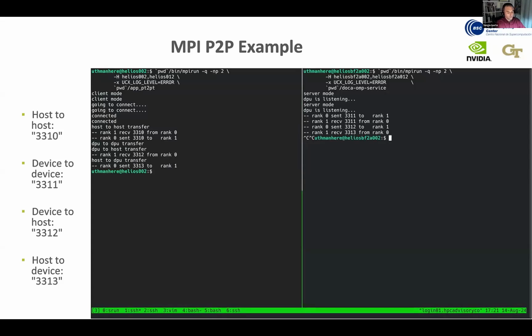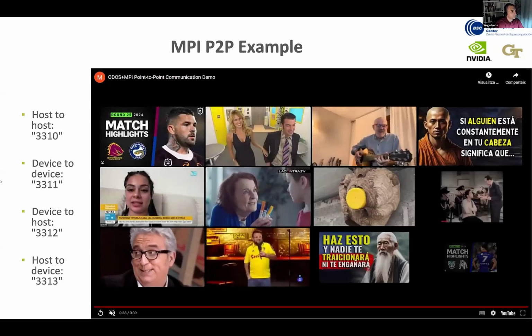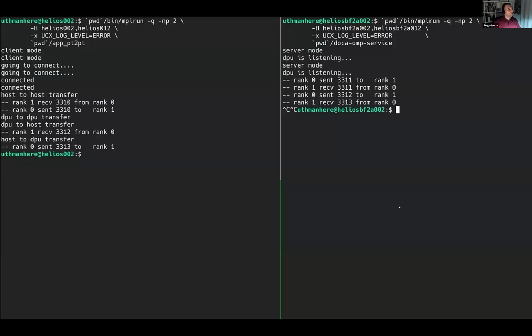Now let's analyze the result. This is the end of the execution. The first example was host to host. For host to host, we sent and received the message 3310. Rank 0 sent the message 3310 to rank 1, and it was received.